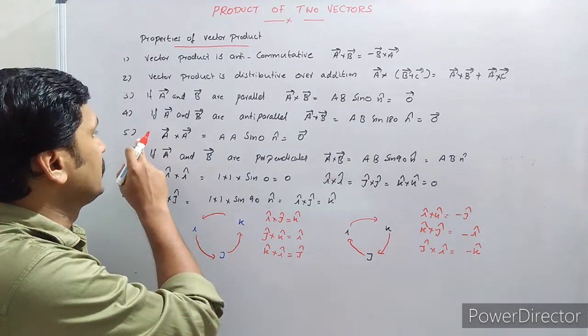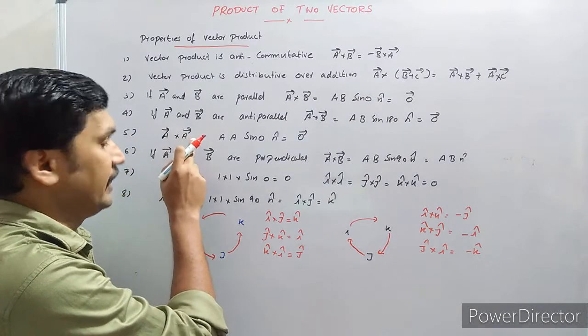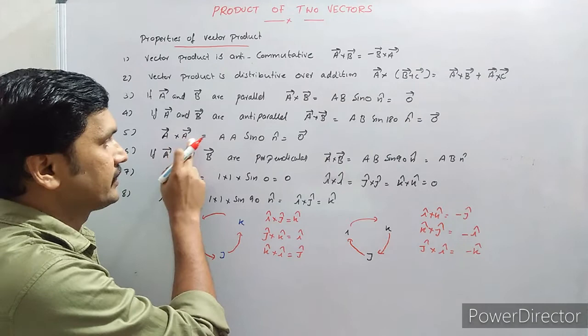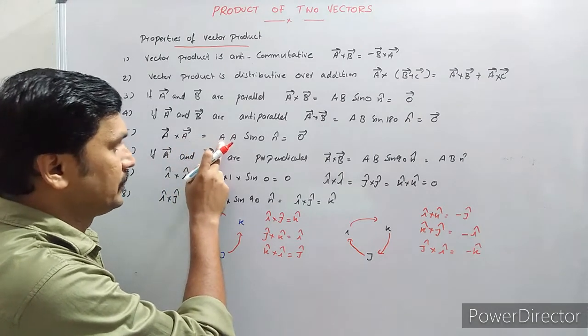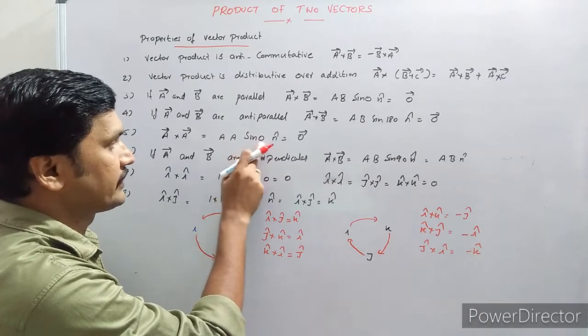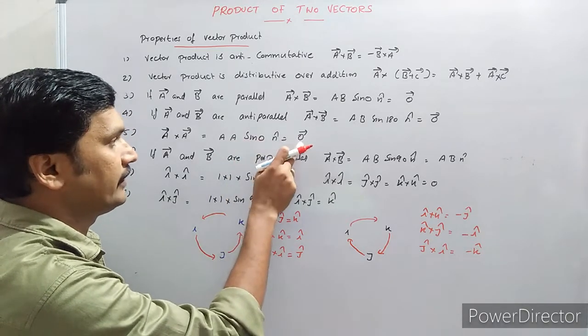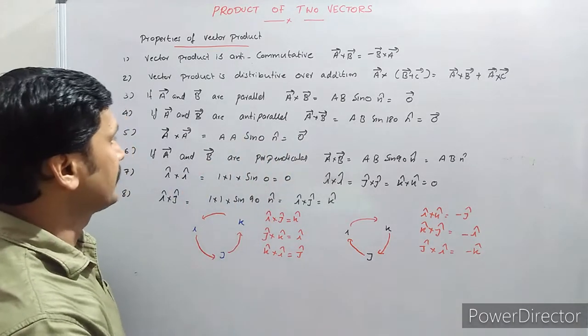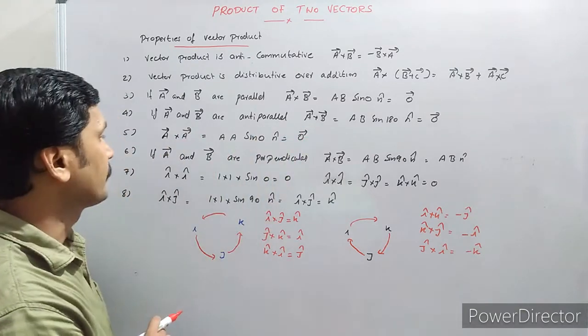Fifth property, A cross A is equal to magnitude of A into magnitude of A into the sine of the angle between them, which is 0, sine 0. Again, we are getting a null vector or zero vector. A cross A is equal to 0.